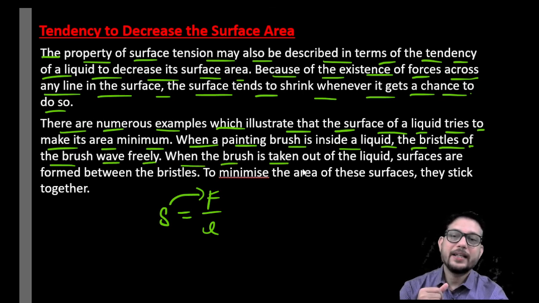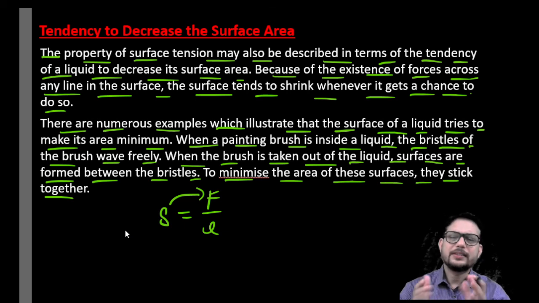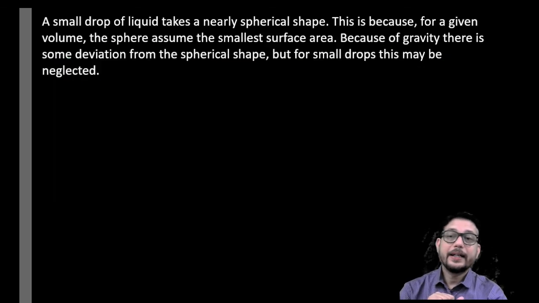When the brush is taken out of the liquid, surfaces are formed between the bristles. To minimize the area of these surfaces, they stick together. So these examples tell us that the surface has a tendency, whenever there is a chance, to shrink itself or decrease the surface area. This is the tendency of the surface tension.